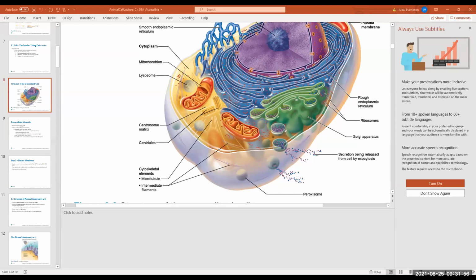IPMAT is the acronym that's going to help you. This acronym will help you memorize the phases: interphase, prophase, metaphase, anaphase, telophase, and in the sequence that it goes. So learn it, commit it to memory. It will help you a lot.